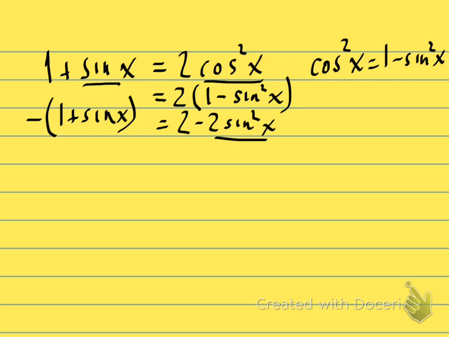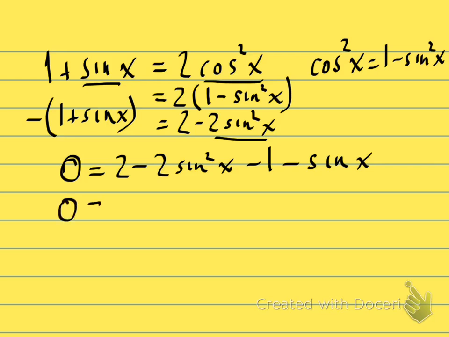And what I wind up with now is 0 equals 2 minus 2 sine squared x minus 1 minus sine x. That's what I get when I subtract everything from the left side and move it over to the right-hand side. When I simplify that right-hand side now, okay, I've got negative 2 sine squared x minus sine x, and then 2 minus 1, I have a plus 1.